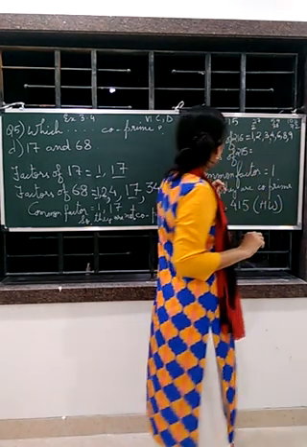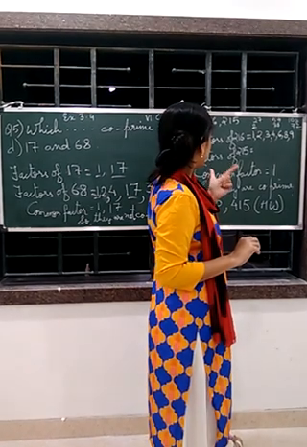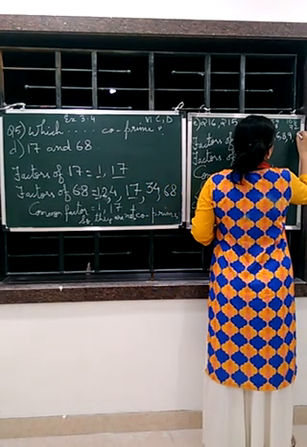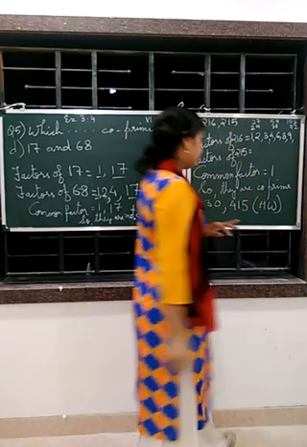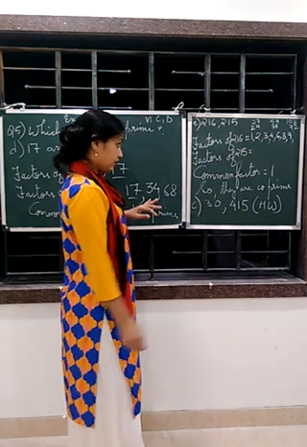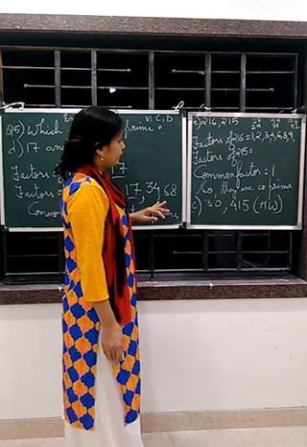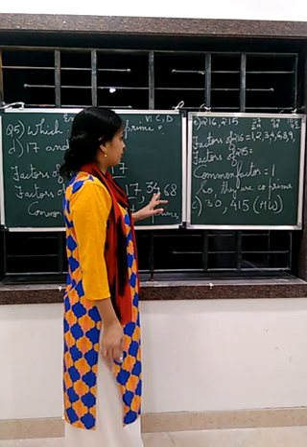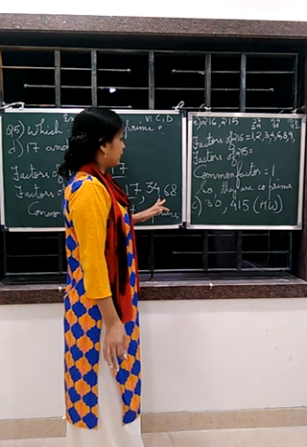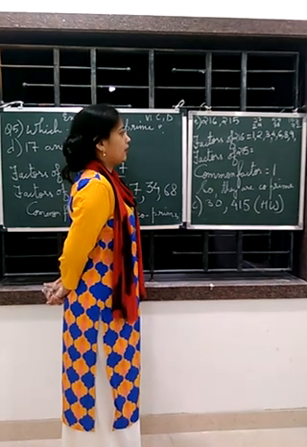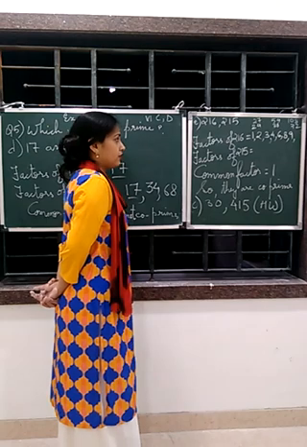Then 11 will not divide. 12, I believe 12 will divide. 12 ones are 12.